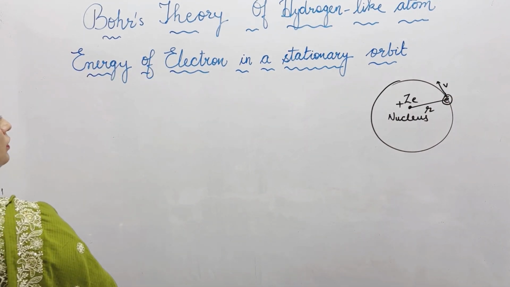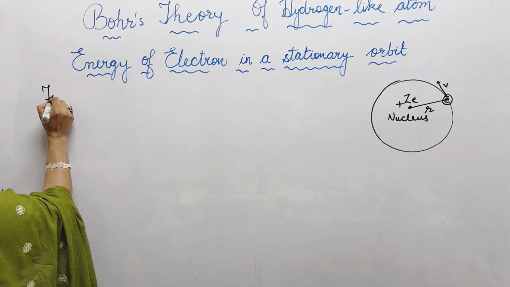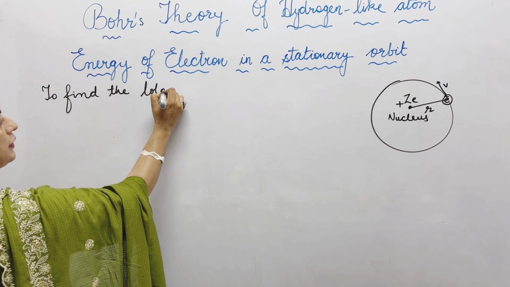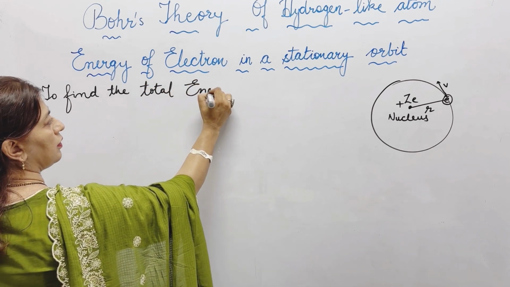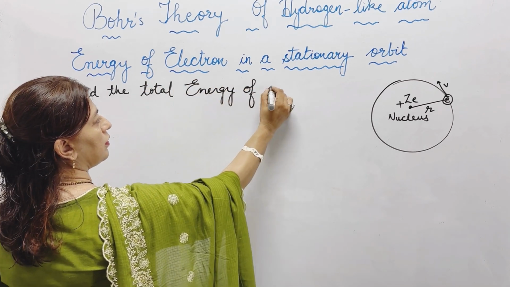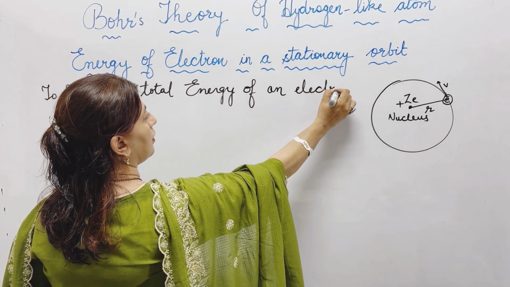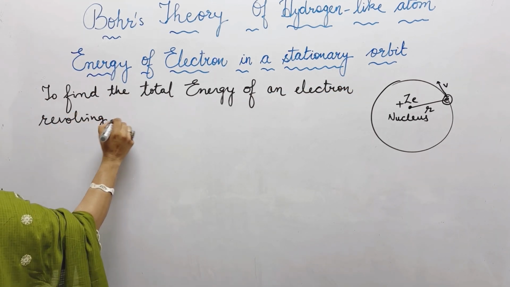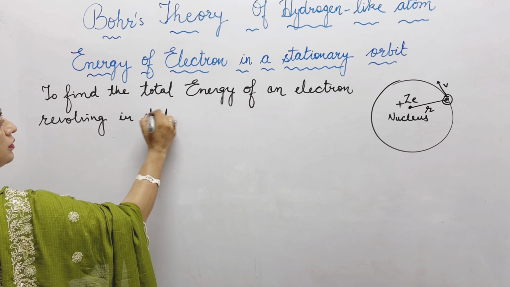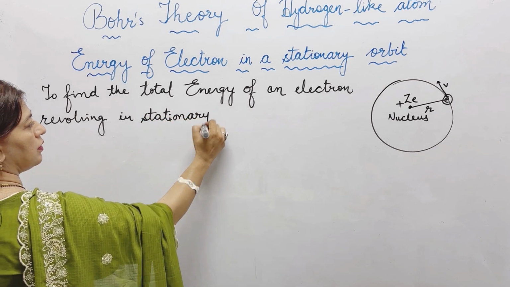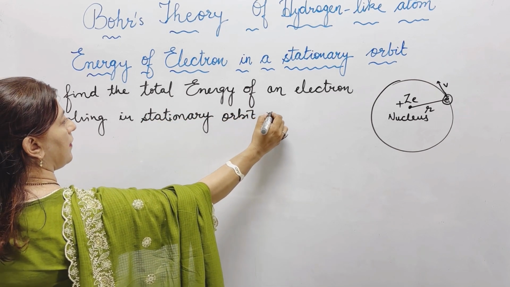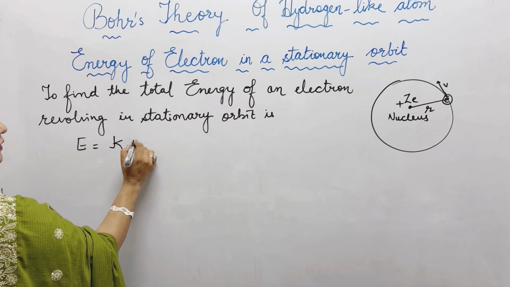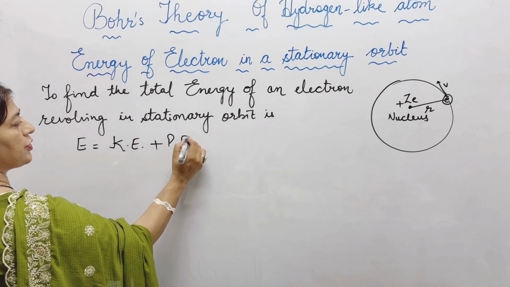So to find the total energy of an electron revolving in the stationary orbit, say E is equal to the sum of the kinetic energy of that electron plus the potential energy of that electron.